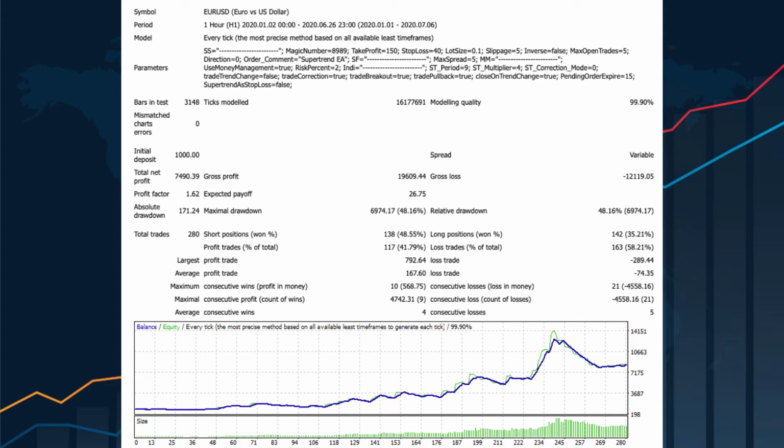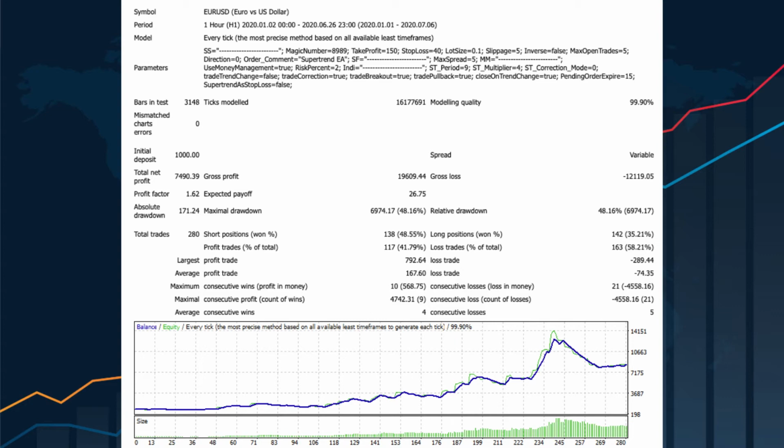I'm using something called Tick Data Suite. With the MetaTrader one, you tend to get 90%. You may think 90% is good enough, but sometimes you can get completely different results if you're comparing 90% modeling quality versus 99.9. So I want to get as best quality as I can, especially if I'm going to be doing this with real money.